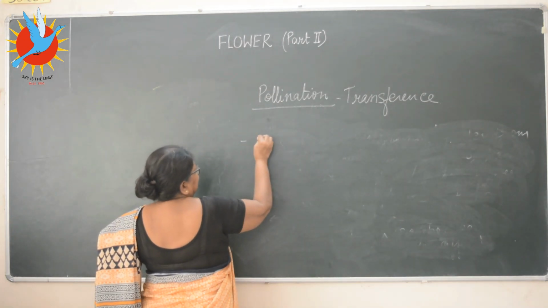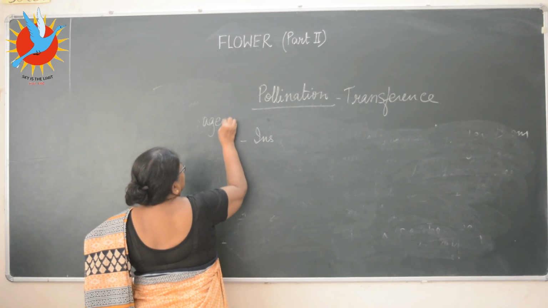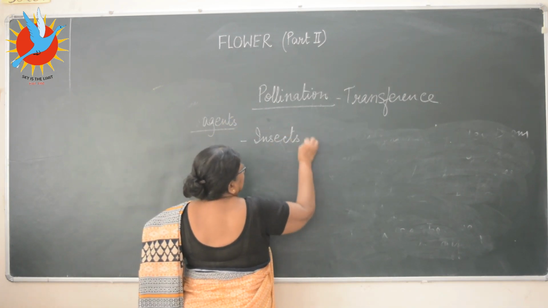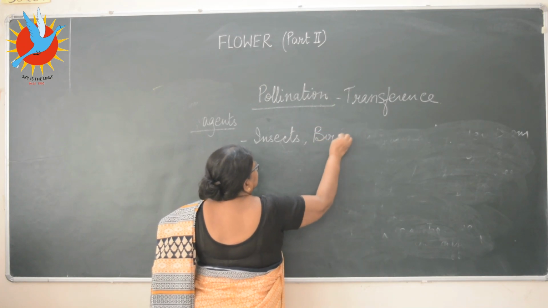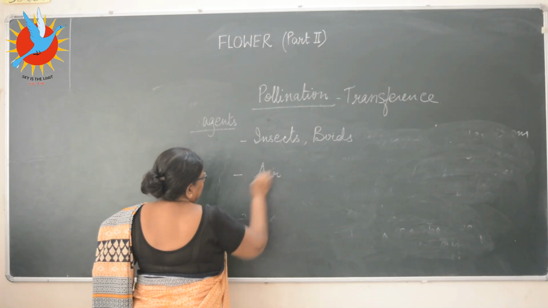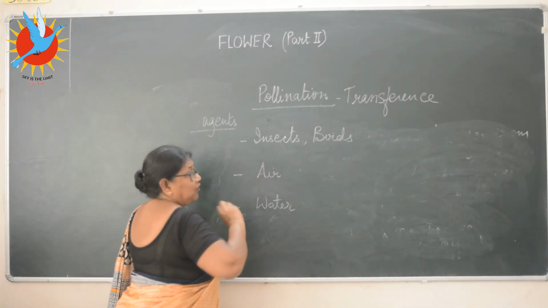It can be insects, birds, air, water. These are the agents of cross-pollination.